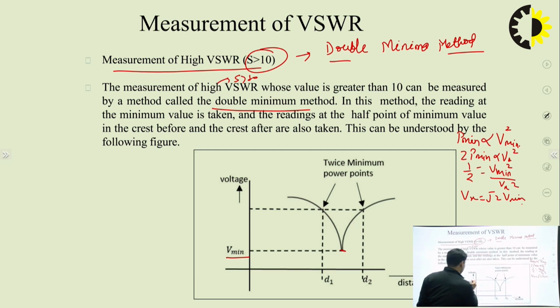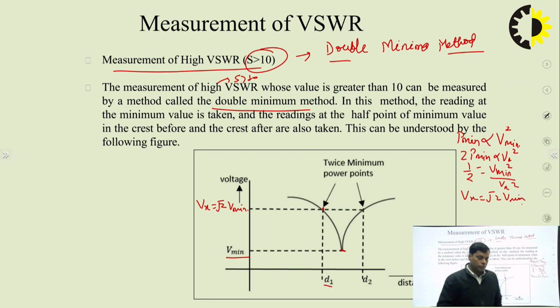So the point Px equals root 2 times V minimum. We note this point, and the distance corresponding to this twice-minimum point, let's say, is D1.